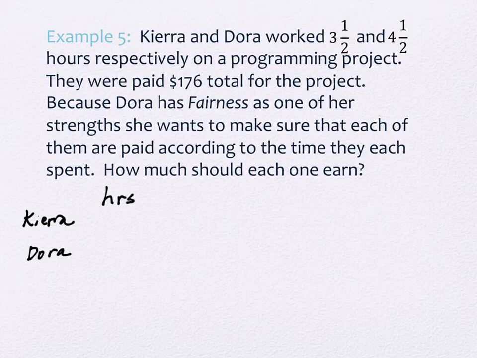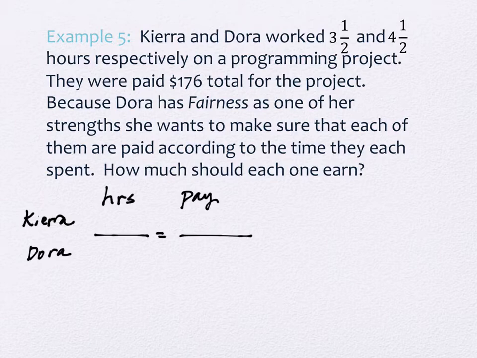And what else? Their pay. Agreed? Now I'm going to show you a different setup here that's uniquely different in a minute. But this one works okay, but it's a little confusing. We know the number of hours that Kierra and Dora worked, but we don't know how much money either one of them is paid, right?